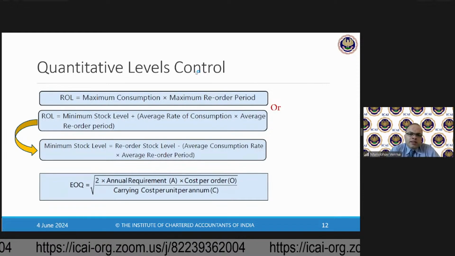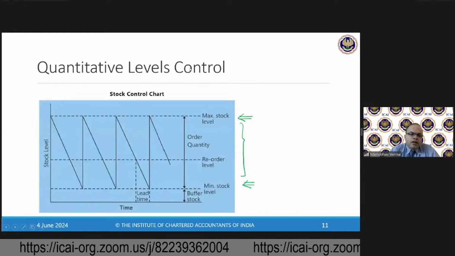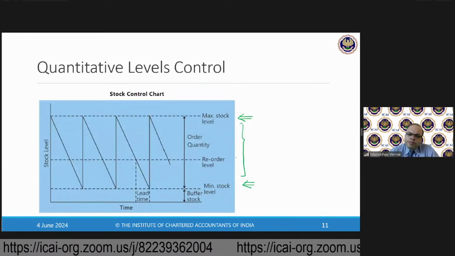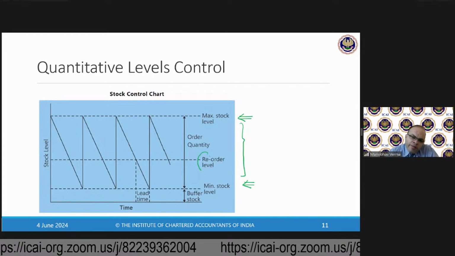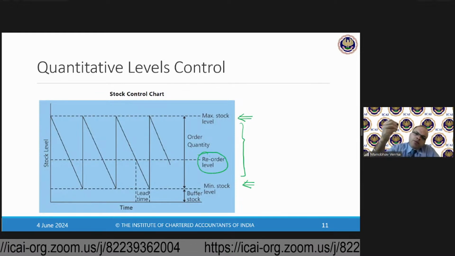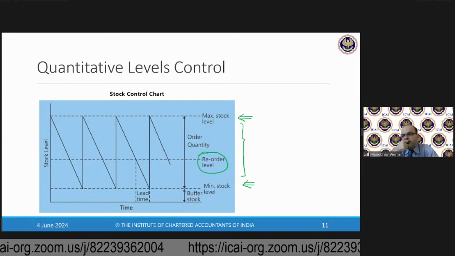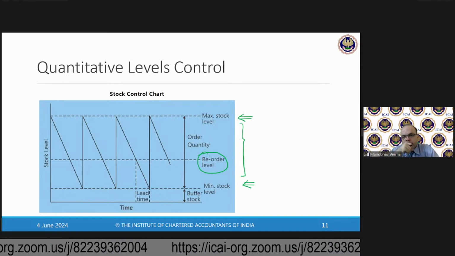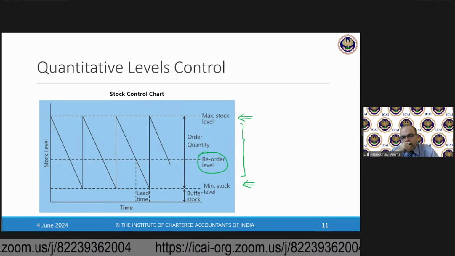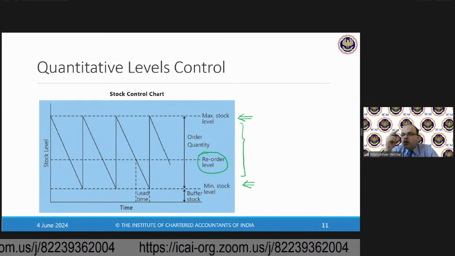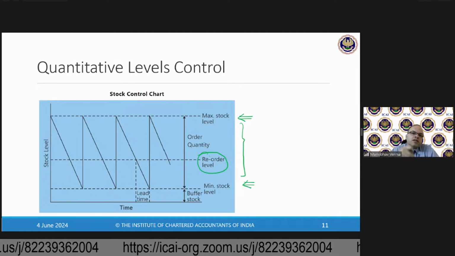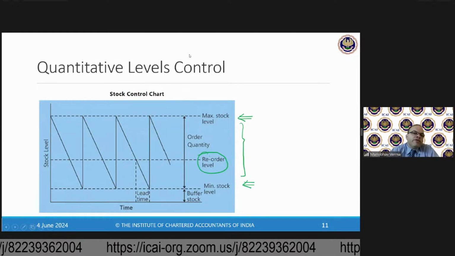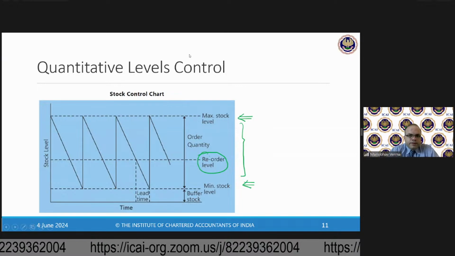As you saw in the last slide in the graphical perspective, this is somewhere in between the maximum stock level and the minimum stock level. That's my reorder level. That means there could be different ways to calculate it.